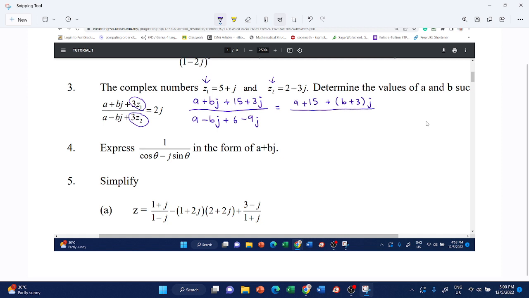We can do the denominator part also. So the denominator A plus 6, right? Yes, madam. And then plus negative B minus 9.